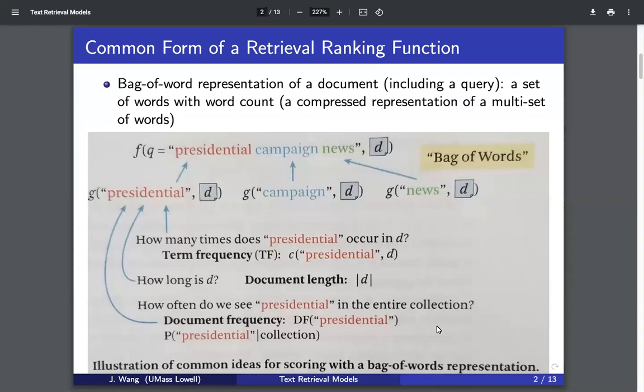So first things first, we want to look at how we rank documents, right? So you have a query, I take in the query, and then which documents I should return, and how we are going to rank these documents to best match the user's interests. Okay, so that's the mechanism we are going to talk about.